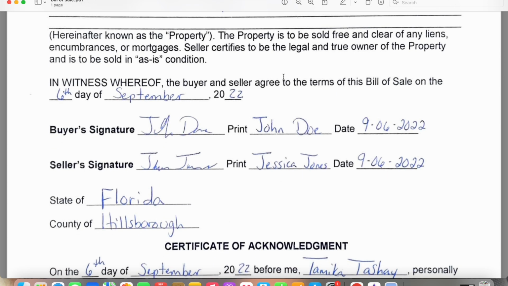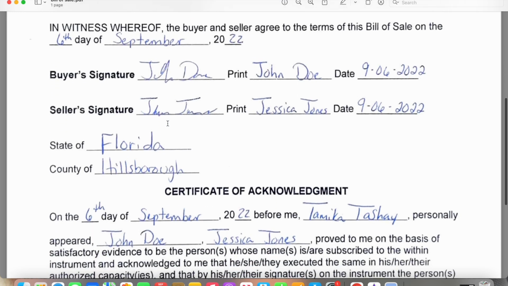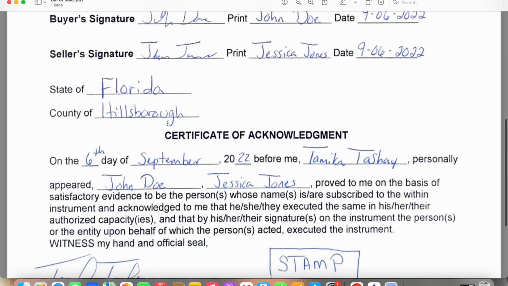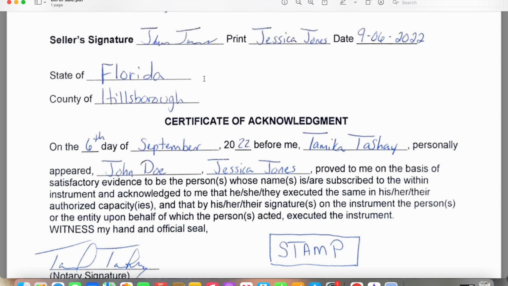After they complete their portion and you verify everyone's driver's license, then you would come down here and you as the notary would go ahead and do your part, which you would fill in your state, your county, once again, the day of the transaction.